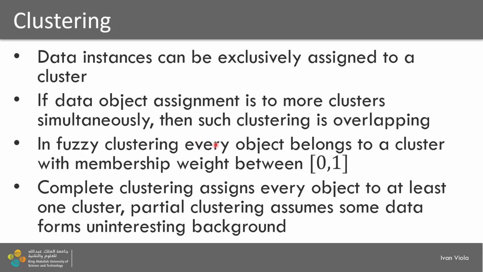Another approach, similar but different, is so-called fuzzy clustering. Fuzzy clustering means that we have clusters and each object is assigned to the cluster in a partial or maybe probabilistic way. So it belongs to a cluster with a membership weight between 0 and 1. To several of the clusters which are far away, the object might belong with a value 0, and to maybe two or three, it might belong with a value smaller than 1, and it distributes its membership among these.